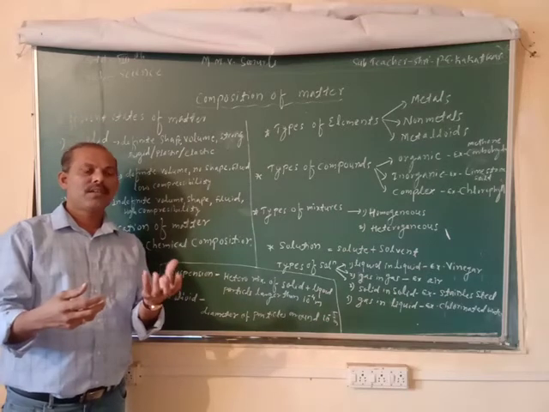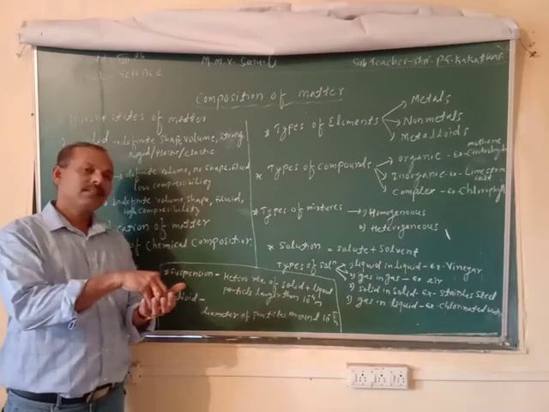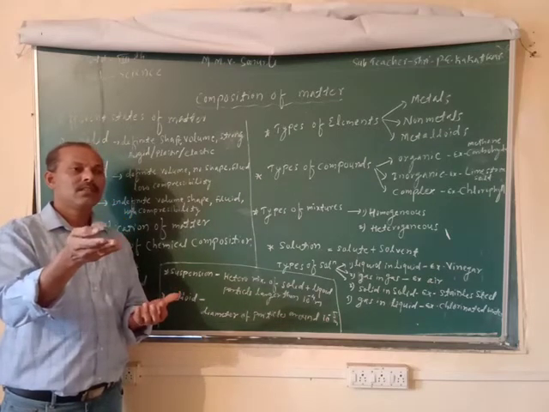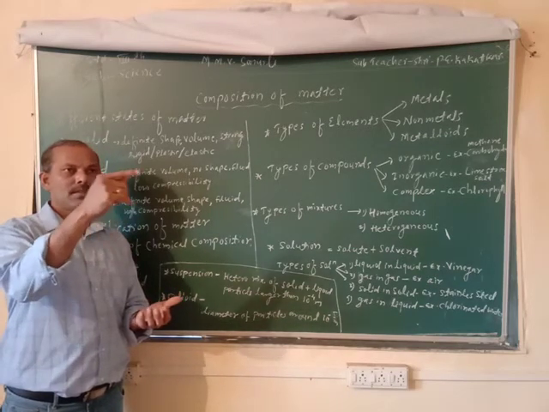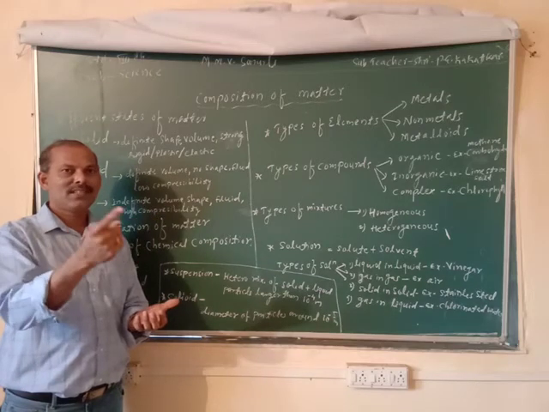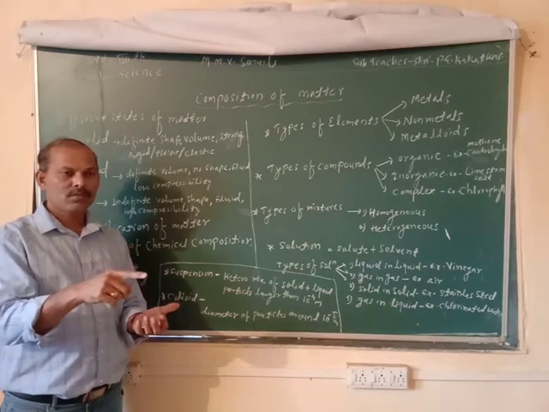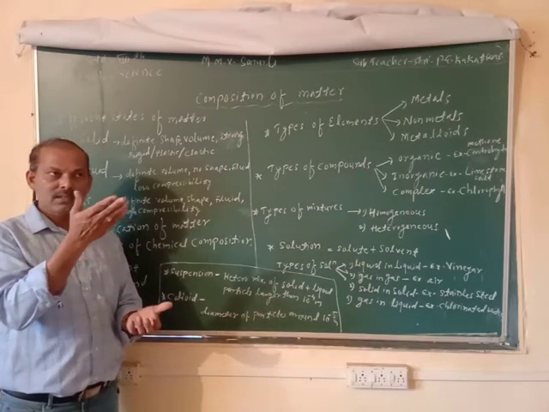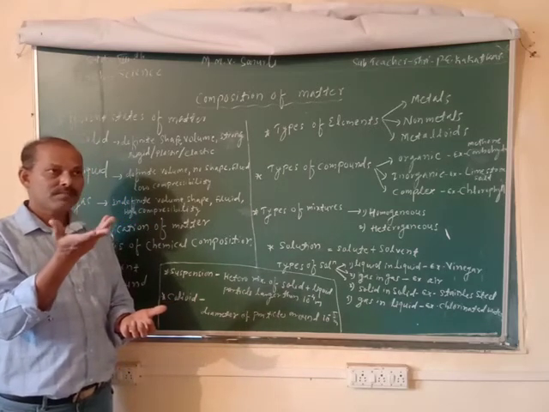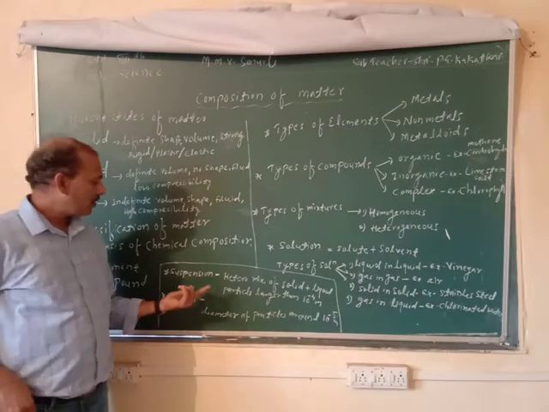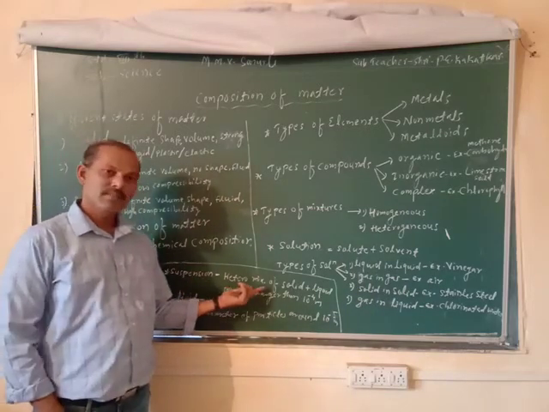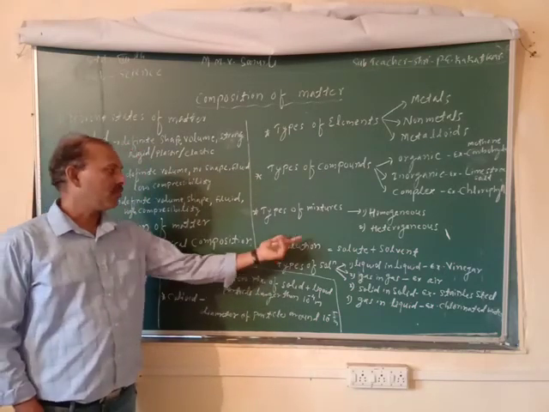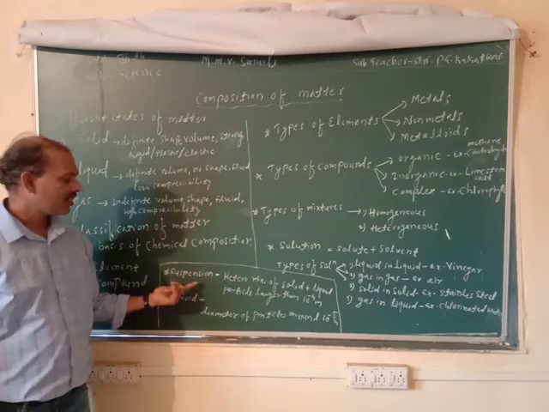For example, if you take water and add some small particles, and they move freely here and there in that water, they can easily be seen by our naked eyes. So that state of the mixture is known as a suspension.